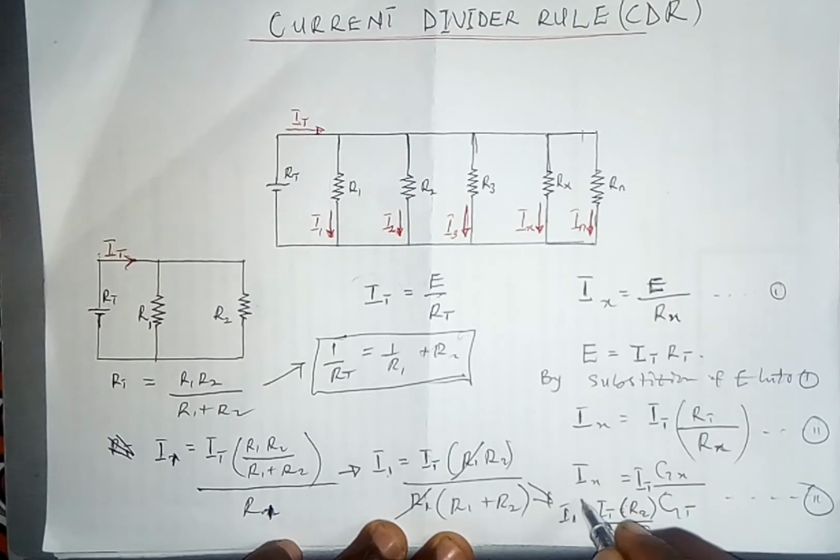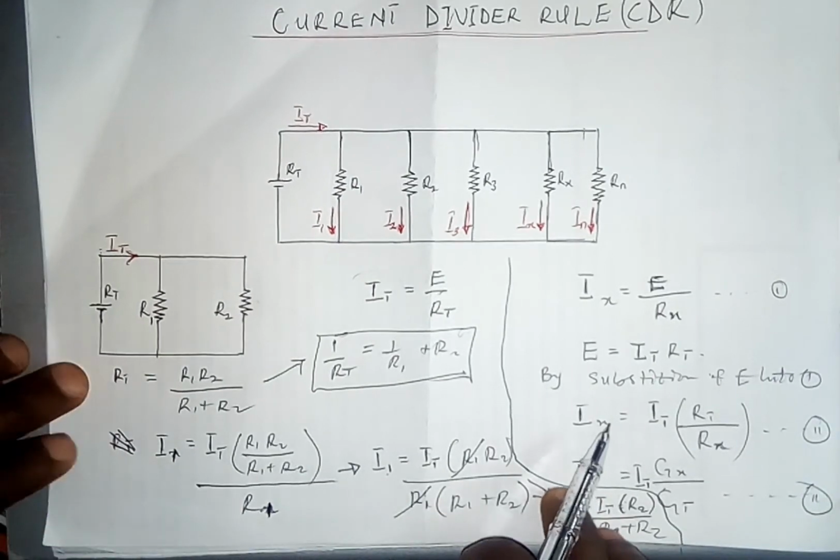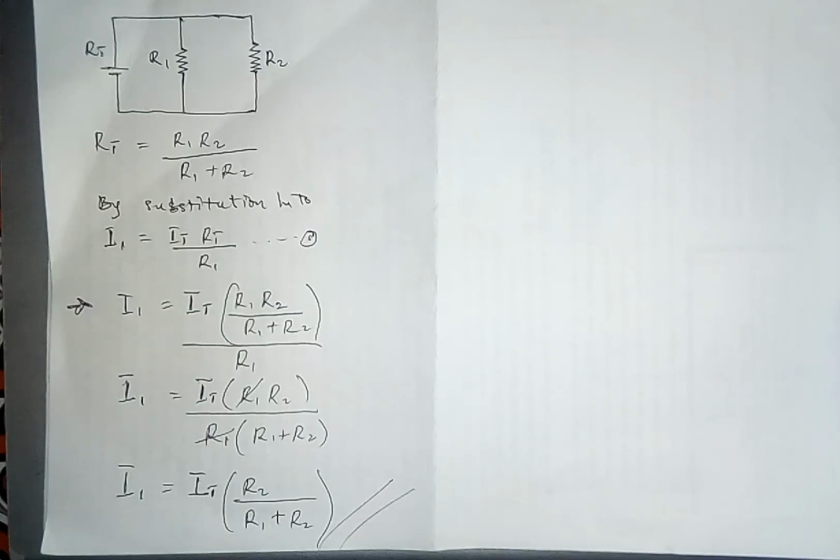I'm sorry for the squeezing I'm doing here, so I have to quickly reintroduce the demarcation. Or if I should write it here, I have quickly transferred it: I1 equals IT times R2 over R1 plus R2.